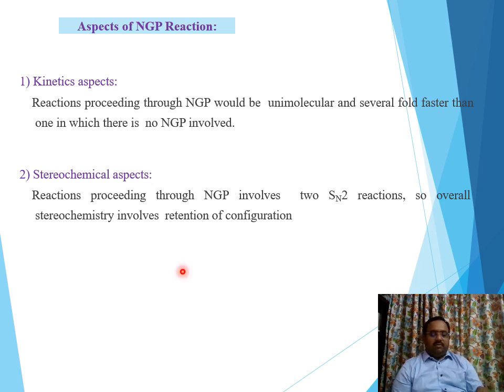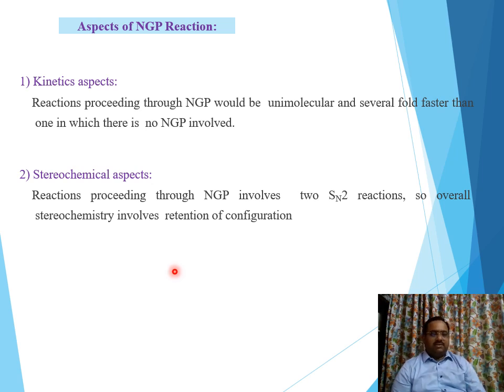So the neighboring group effects can be observed in the nucleophilic substitution reaction, and this neighboring group attacks the adjacent carbon atom with its electron pair, acting as an internal nucleophile. Right? This results in the simultaneous loss of the leaving group.